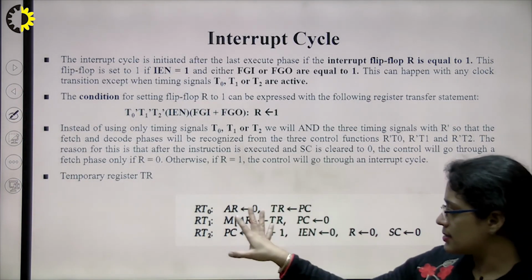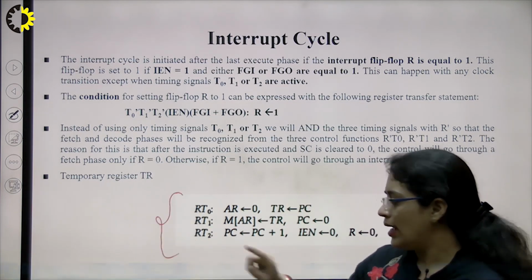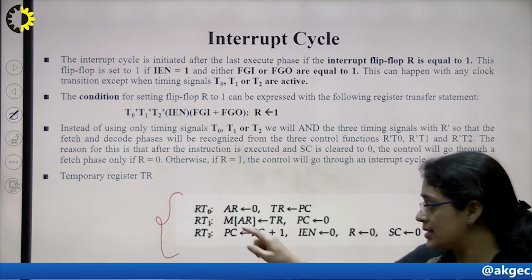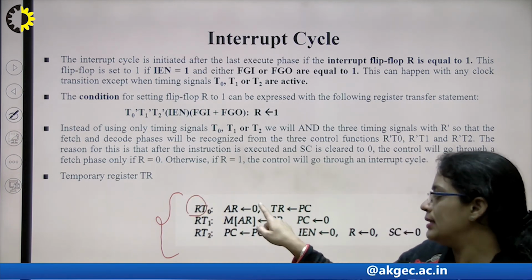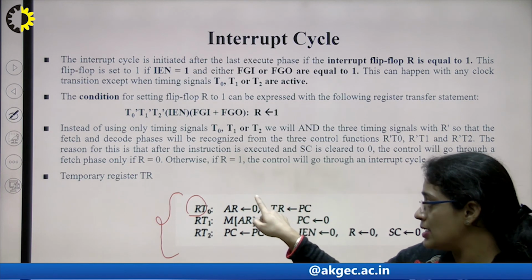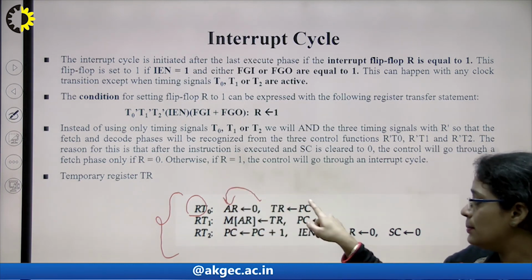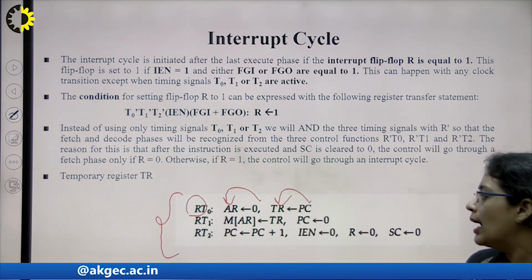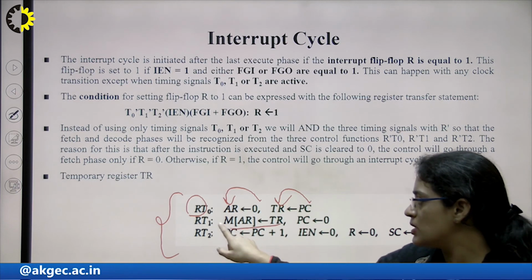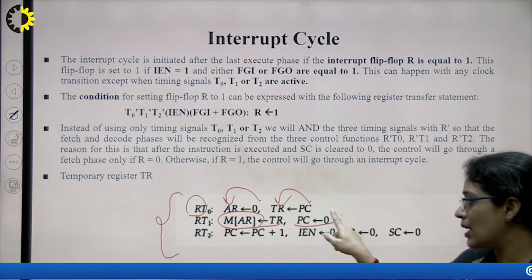Okay, so this is again the same way we have seen when we have an interrupt. So that is the R. At time t0, we are storing the 0 address value to AR, right? And then PC to TR. It's just a temporary register we are taking, and then that TR will be stored in AR at time t1, and PC to 0.